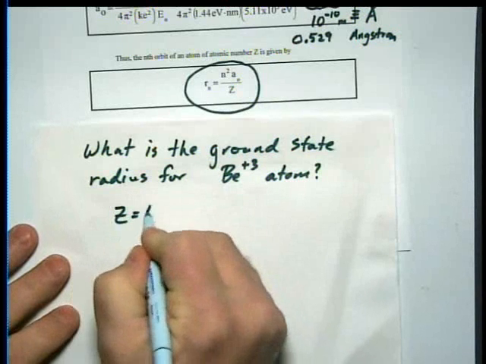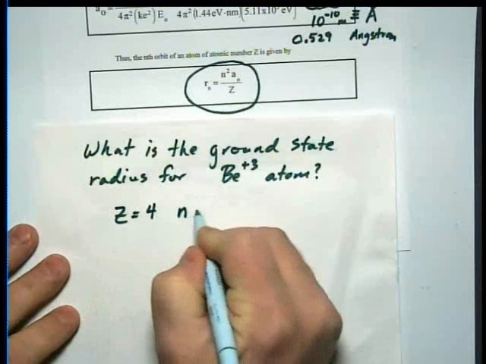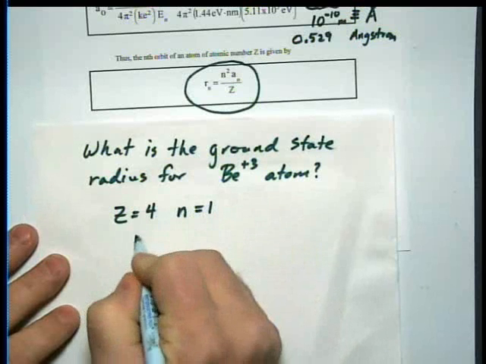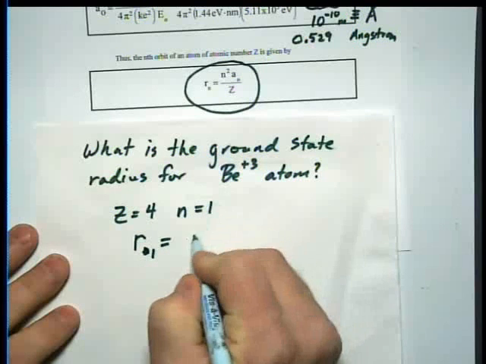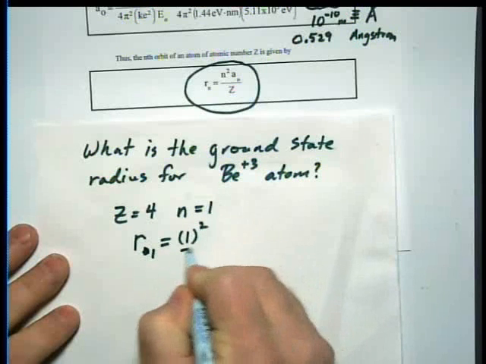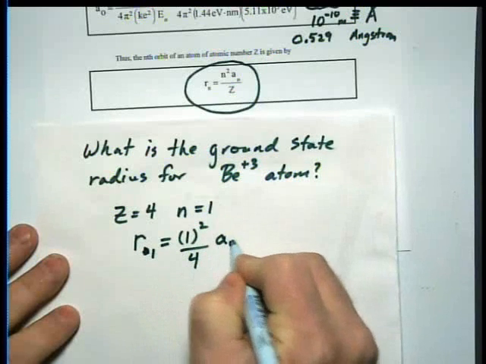Z is equal to 4, n is equal to 1, r to the n, in this case r to the 1, is equal to 1 squared over 4 times a naught.